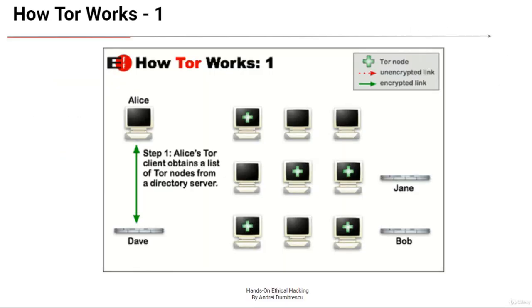Let's take a deeper dive into how Tor works. The first step in building a Tor connection is the Tor browser or client to download a list of Tor nodes, servers, or relays from a known directory server. Each Tor client selects a few relays at random to use as entry points and uses only those relays for the first hop, which is normal Tor behavior.